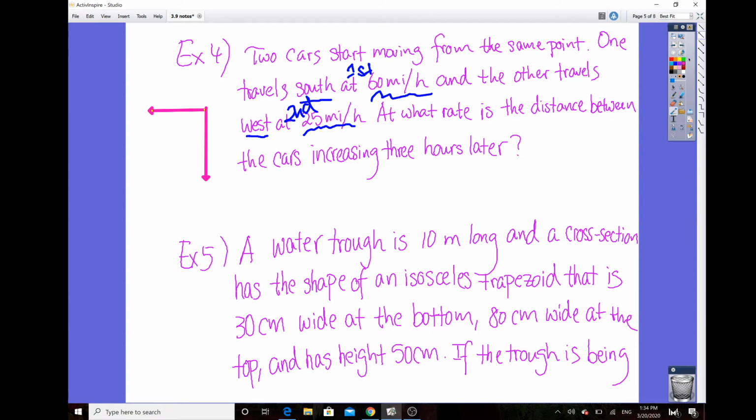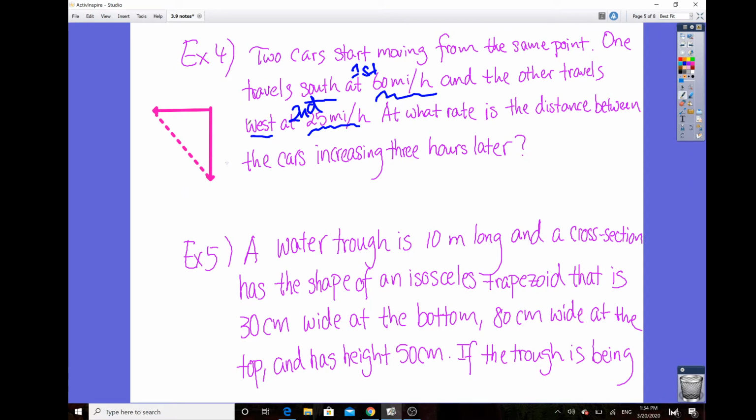And then eventually you want to find out the change in the distance between those two cars. So eventually we want to find out the distance here. One thing that we notice, one is going down south at 60 miles per hour, mph.